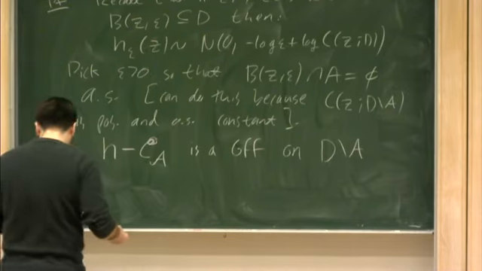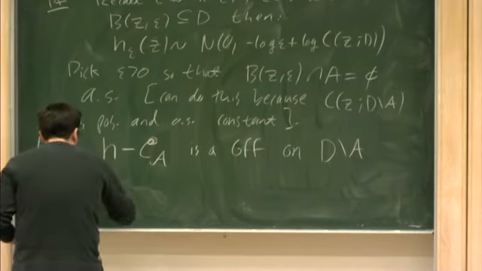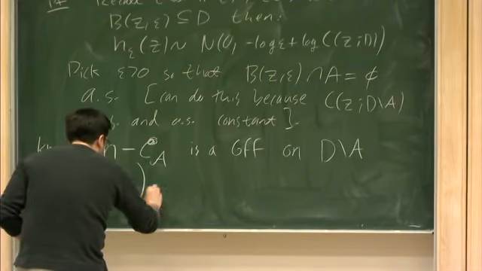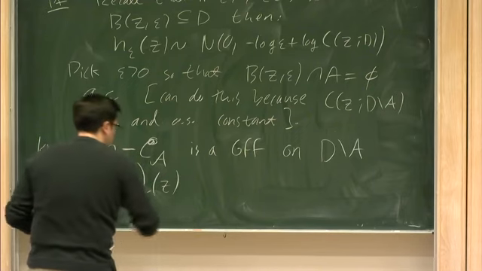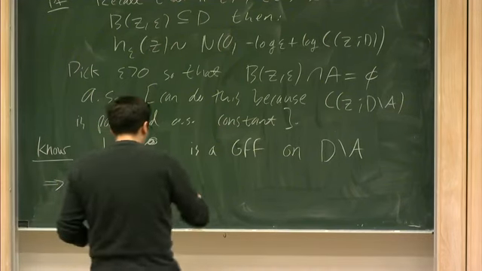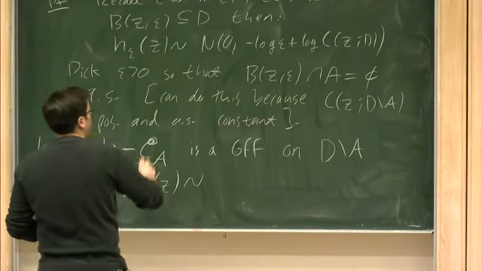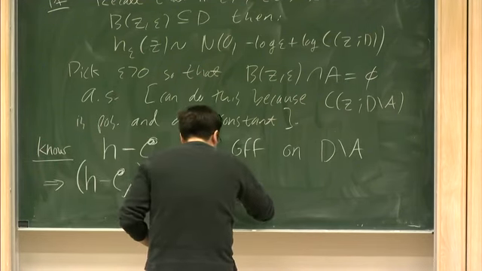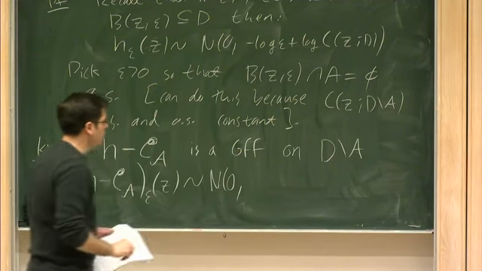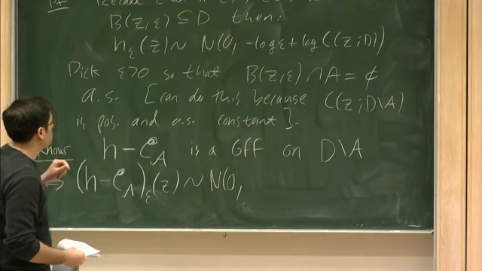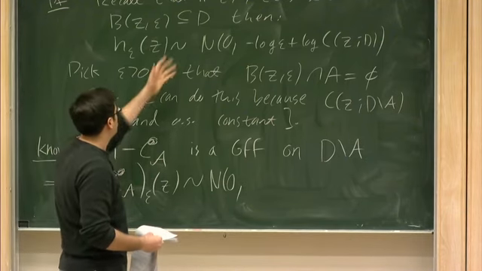And if I take this Gaussian free field and I average it on the ball of radius epsilon centered at z, then by this fact I just explained, this is going to be a normal random variable with mean 0 and variance given by the log of its conformal radius inside of this domain.